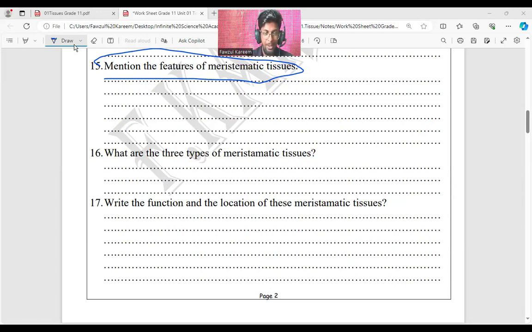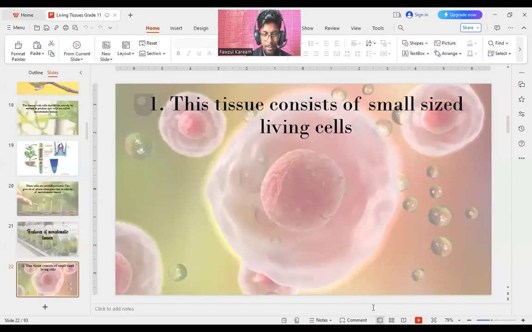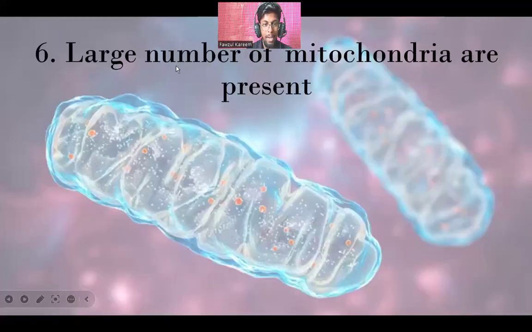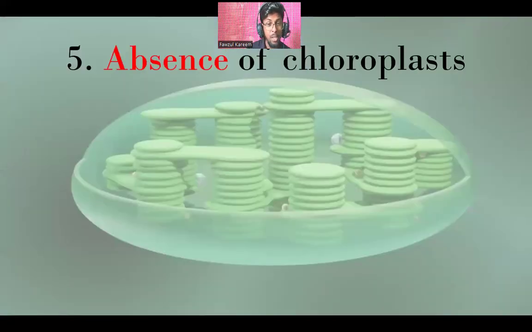Mitochondria will be plenty. A large number of mitochondria will be there, because they want to divide. If they want to divide, they want more energy. So they have a large number of mitochondria, but absence of chloroplast.